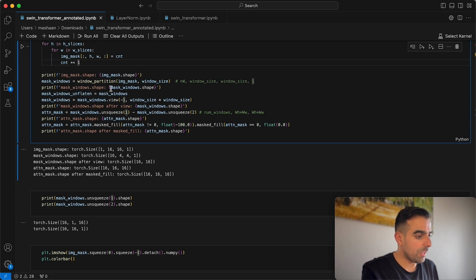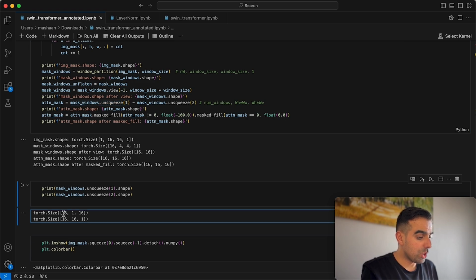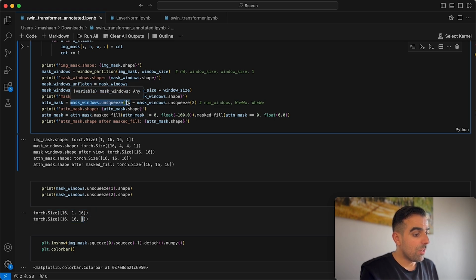So this is done here. They're subtracting. First, it used to be 16 by 16. They are unsqueezing dimension 1, and unsqueezing dimension 2, and subtracting those. So think of these as, if we have the same rank, we will have 0, which they assign in the mask to 0.